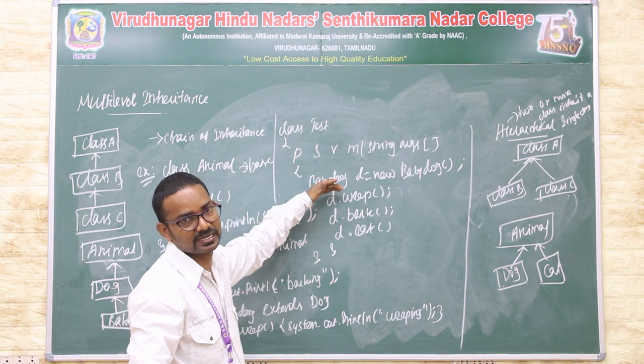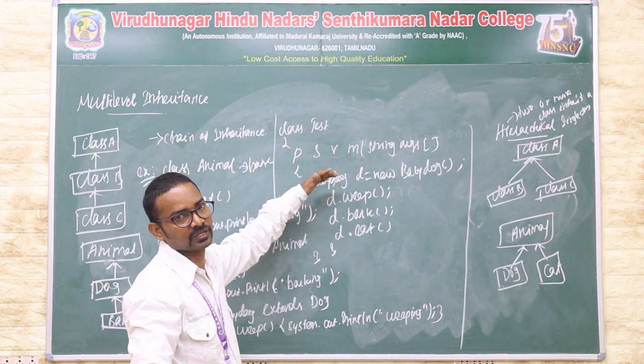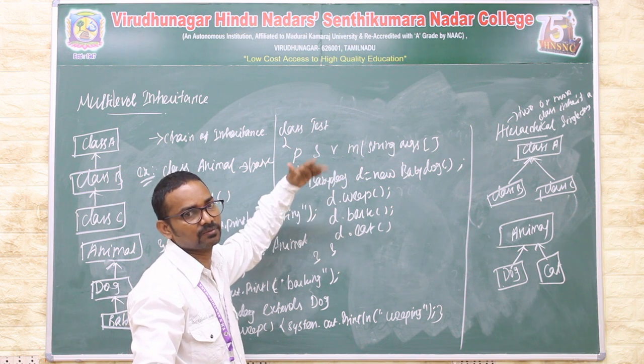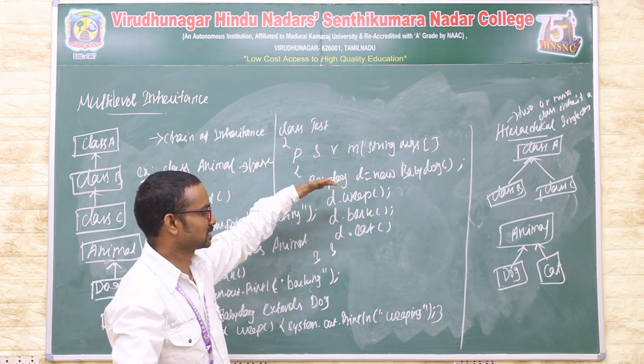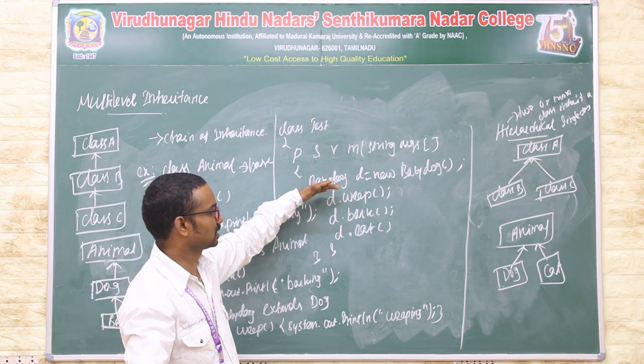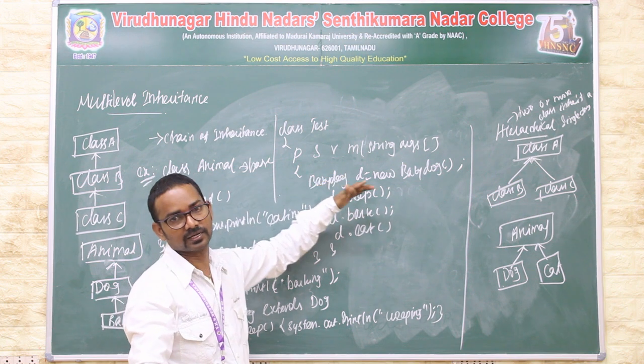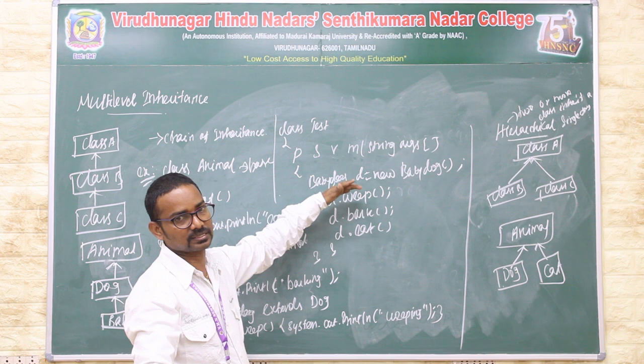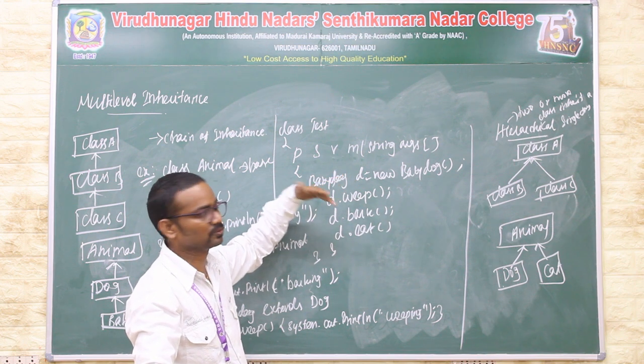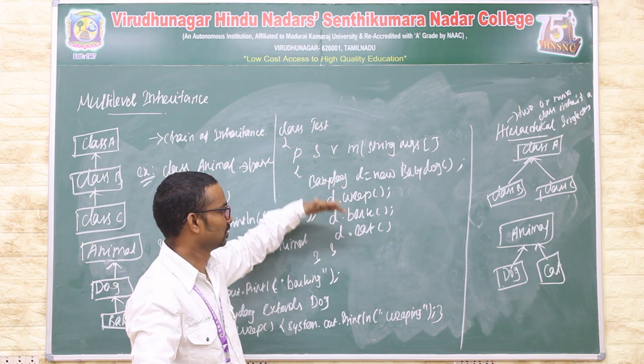BabyDog inherits the methods of Dog, and Dog inherits the methods of Animal. We only create an object of the last subclass, and it can call all the class methods.